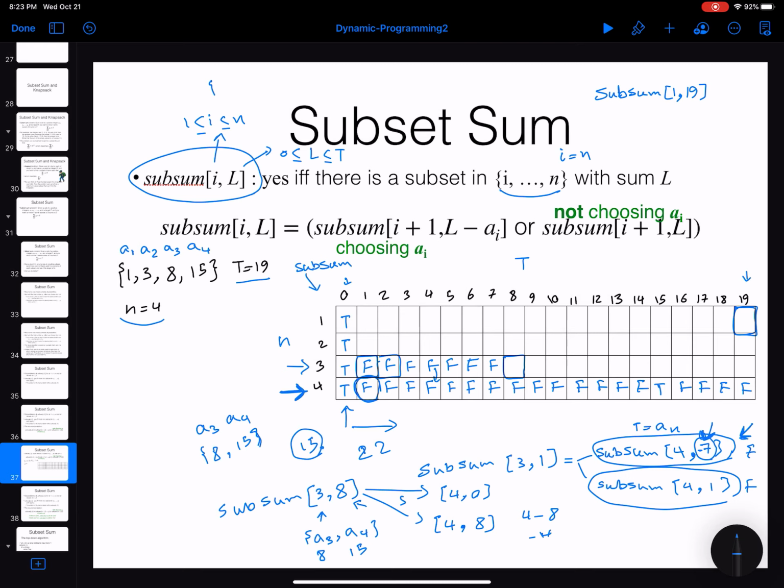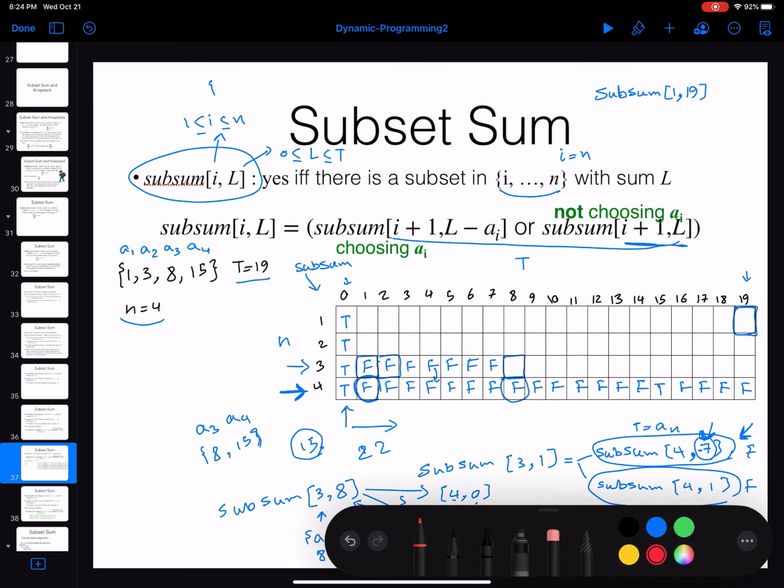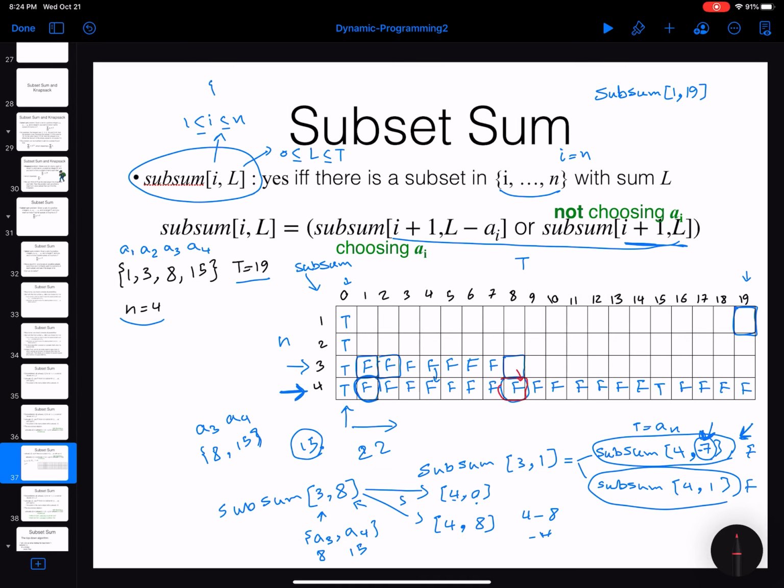I'm actually just following this relation: 4, I plus 1, and L minus A sub I, which is A sub 3, or I plus 1 and L. This one is here. This is false. But the other one is here, which is true, right? And the answer for this one is going to be true.